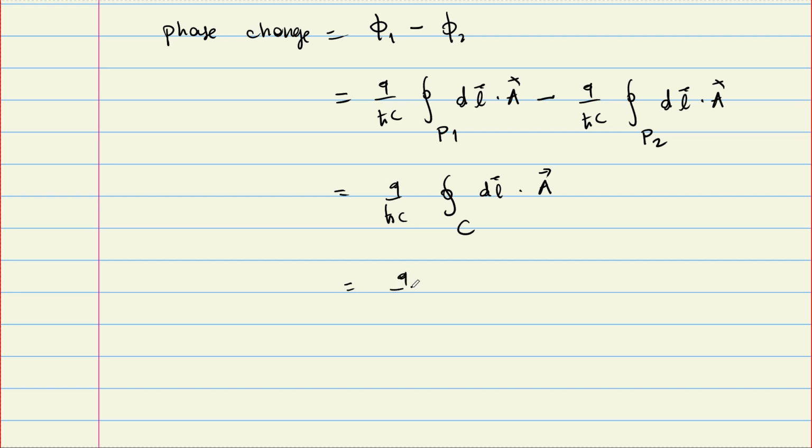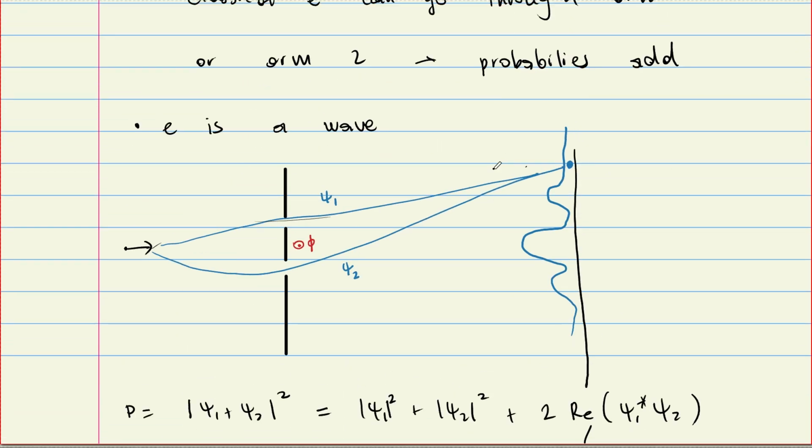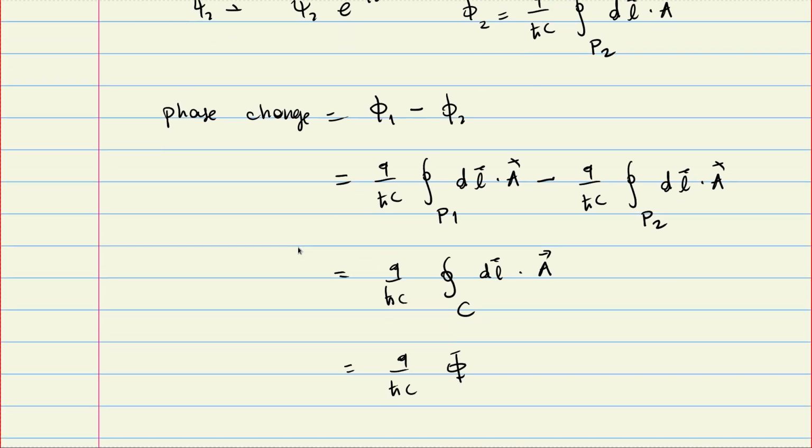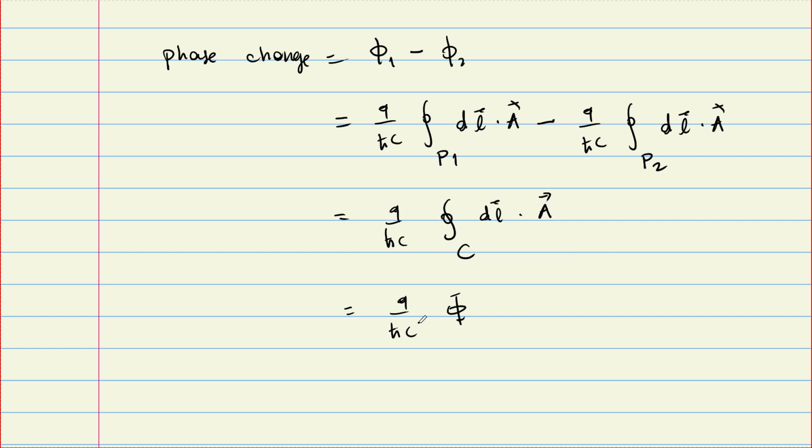This is going to be q over h bar c times the total flux, right? We can use Stokes theorem, and from Stokes theorem it's the area times the B field. But we know there's only a B field here, given by the flux. Then the total flux is going to determine the total phase. So what this says is that the total phase difference is going to shift.